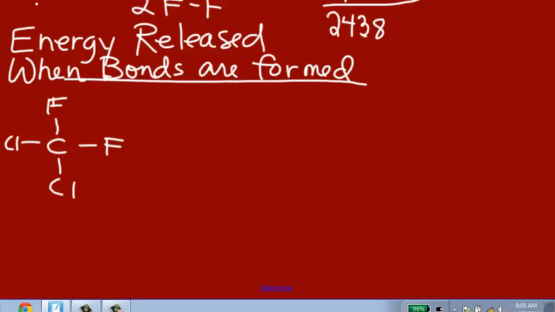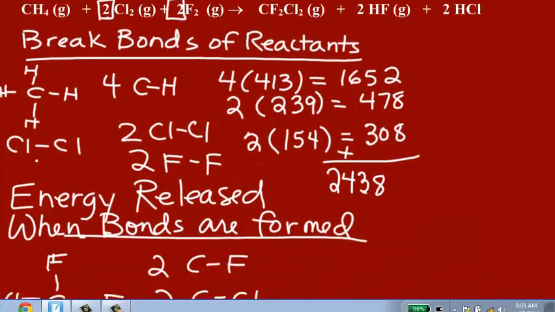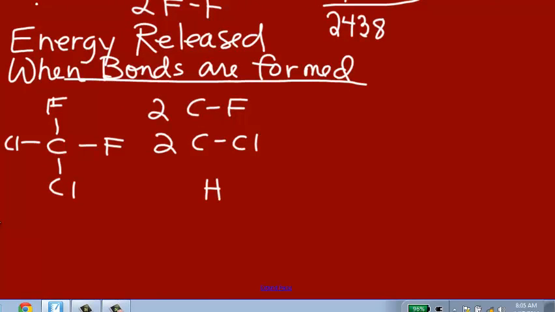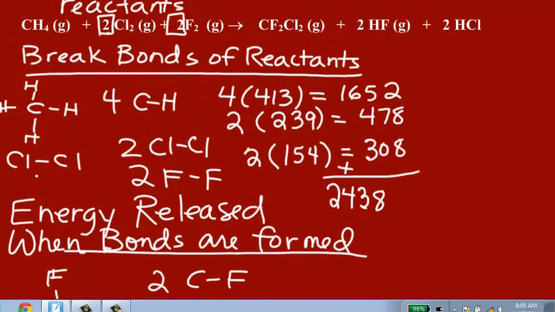Carbon always wants to make 4 bonds because it has 4 valence electrons. F has 7, so it'll only make 1 bond. Cl has 7, so it'll make 1 bond. So we're forming 2 C to F bonds in that molecule, and we're forming 2 C to Cl bonds in that molecule. Also, we have H bonded to F up there, don't we? H to F, and we have 2 of those molecules, so we're going to make 2 of those bonds.